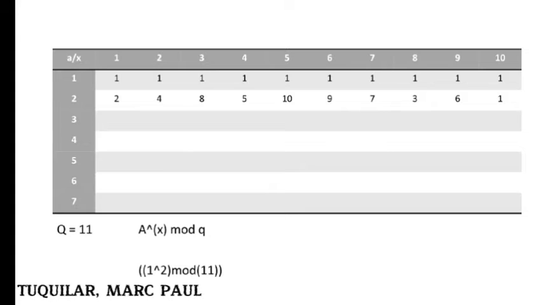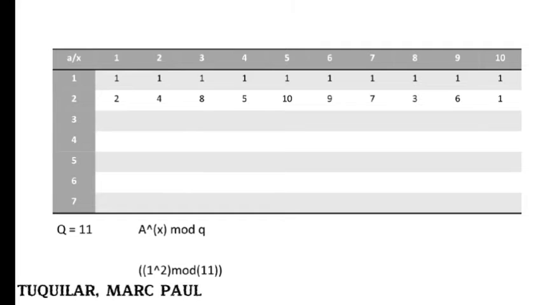Next, 2 raised to 1 mod 11 is 2. Now 2 raised to 2 mod 11 is 4. 2 raised to 3 mod 11 is 8, and 2 raised to 4 mod 11 is then 5. Then 2 raised to 5 mod 11 is 10. Then 2 raised to 6 is 9. And this is 7, this is 3, and this is 6, then 1.